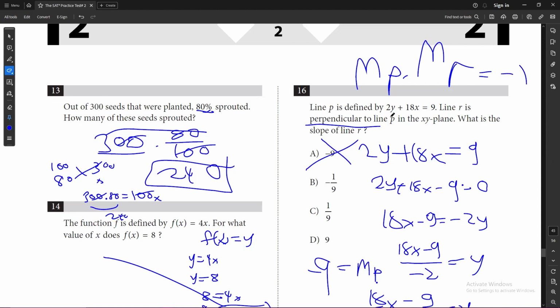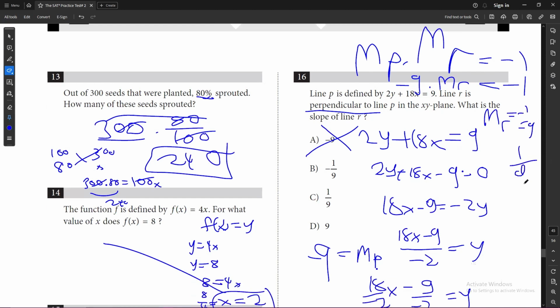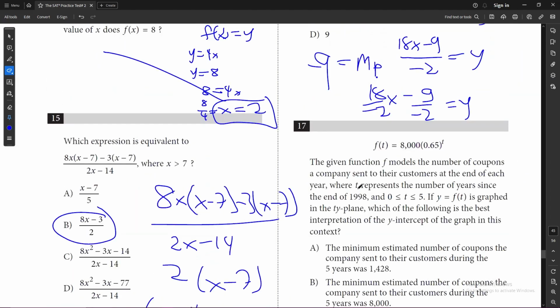So I know my MP, which is -9, times MR, which I'm trying to find for the question's answer, is equal to -1. Therefore, I divide both sides by -9, and MR is equal to -1 over -9, which is 1 over 9. So my slope will be 1 over 9.